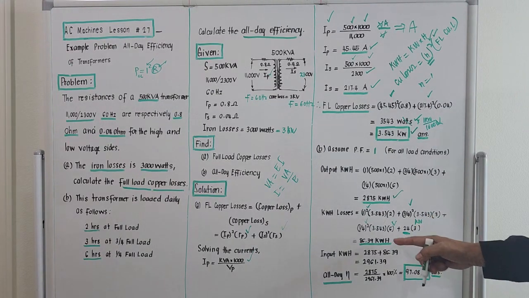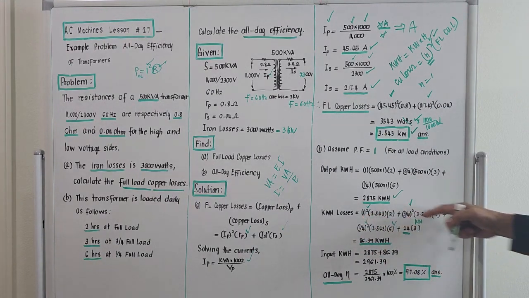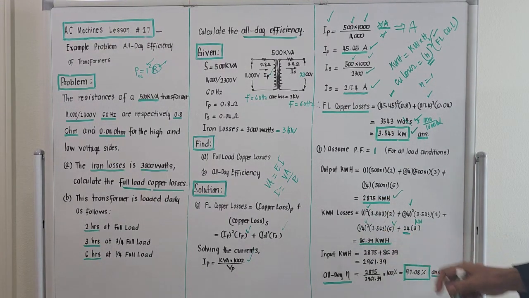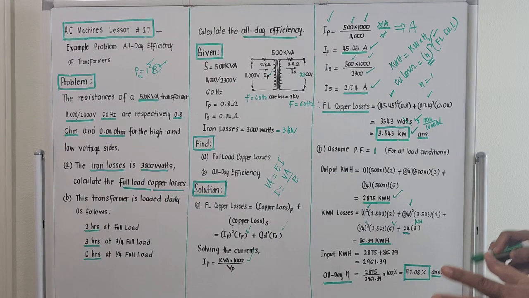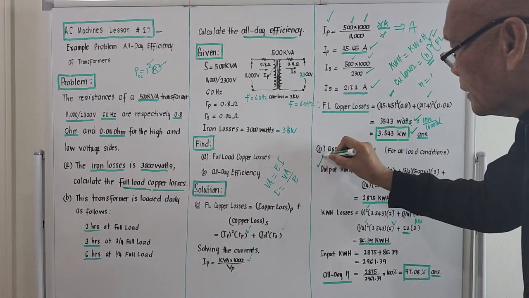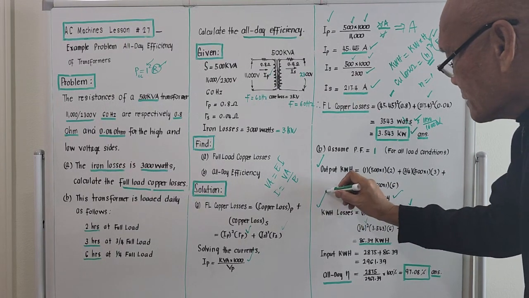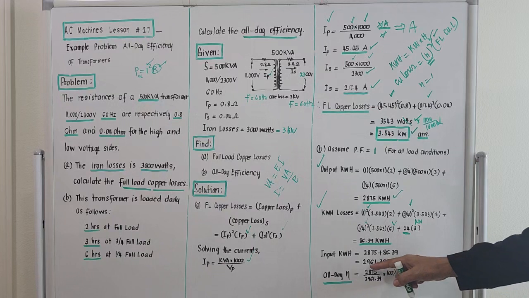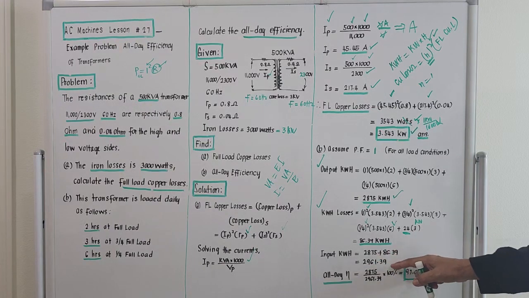Right? So taking the summation of this using the calculator, 86.39 kilowatt hour. Okay, the total input kilowatt hour now will be the output plus the kilowatt hour losses. So we add this one. What comes out is 2961.39 kilowatt hour.